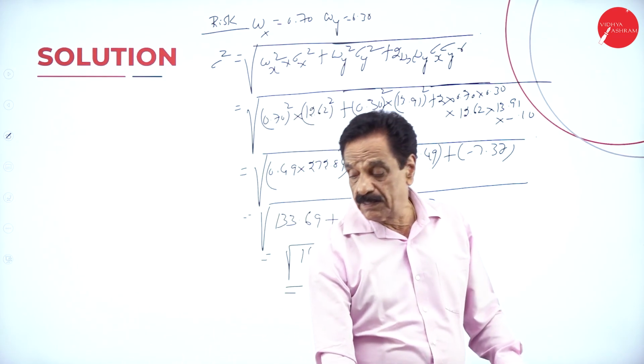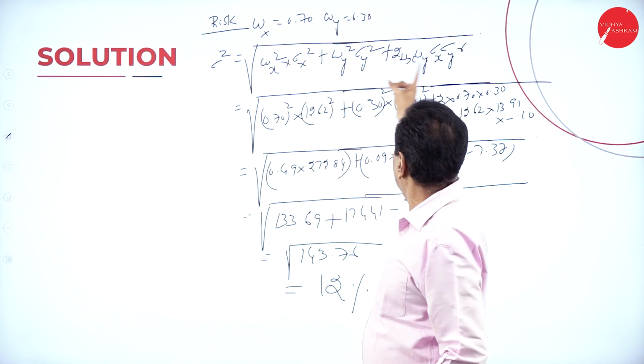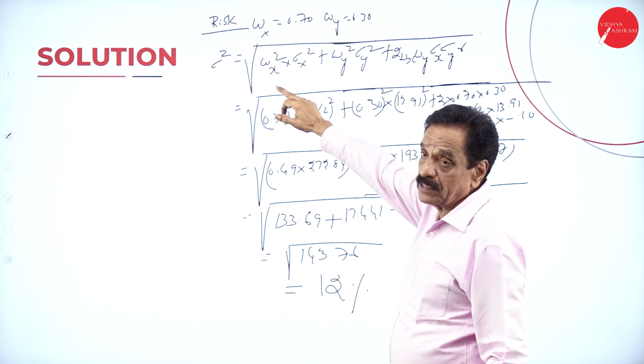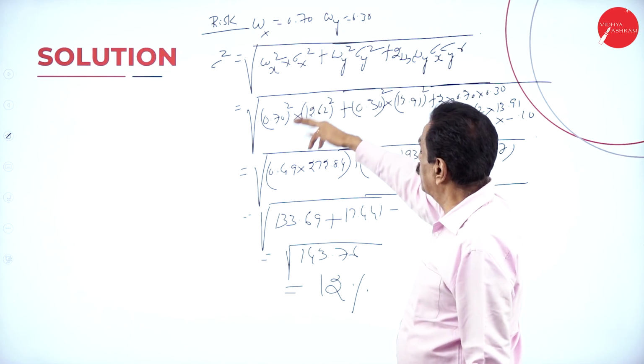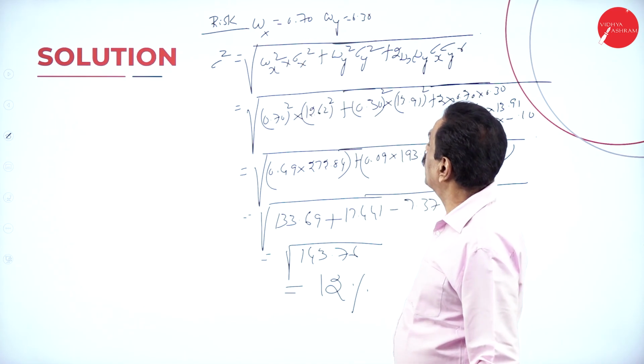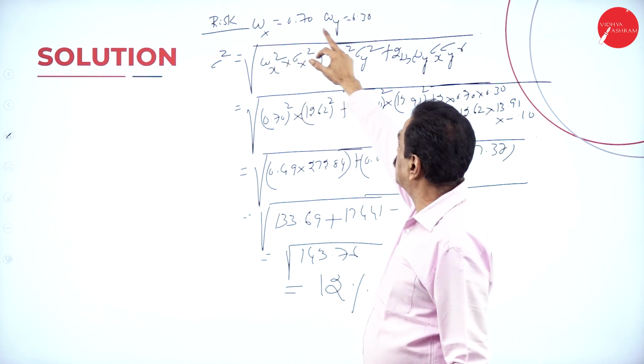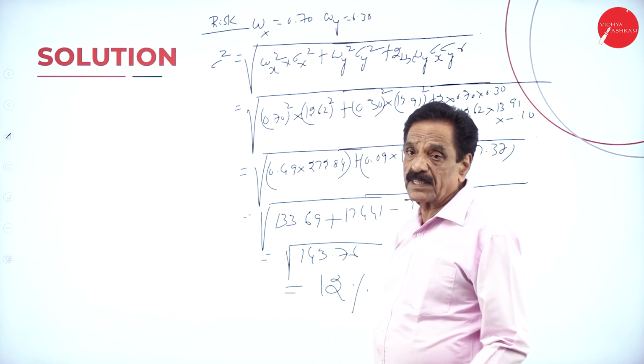This is risk and return. This formula you have to learn. This W first: X is the sunrise, and Y is the sunset.